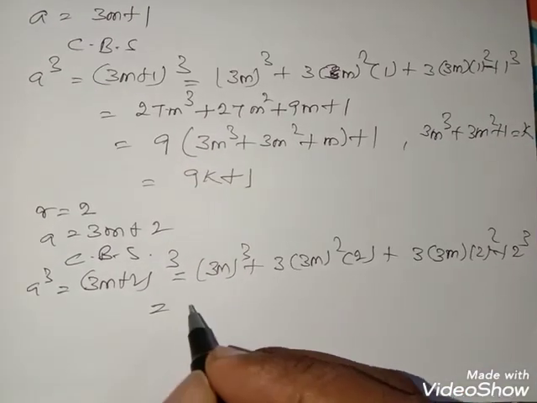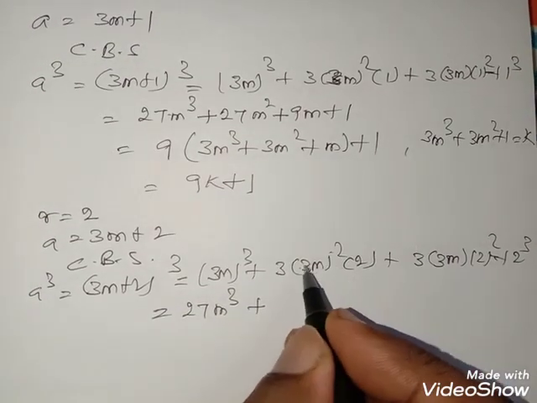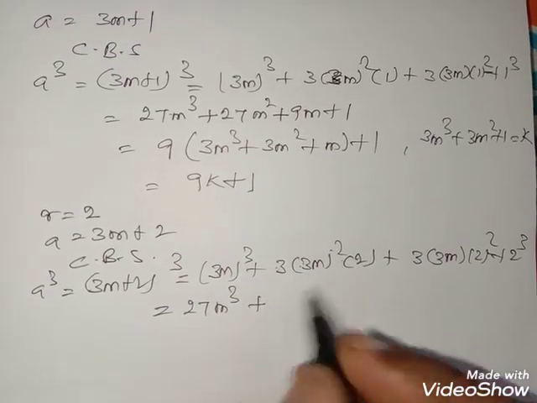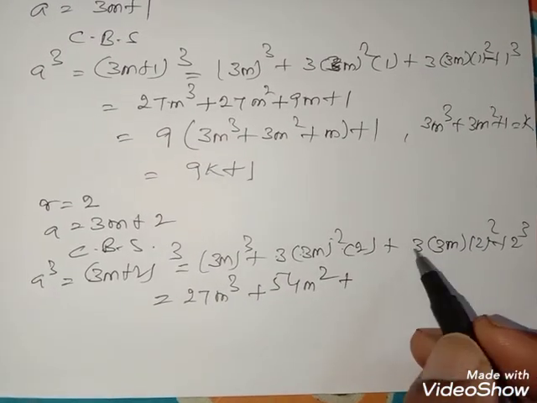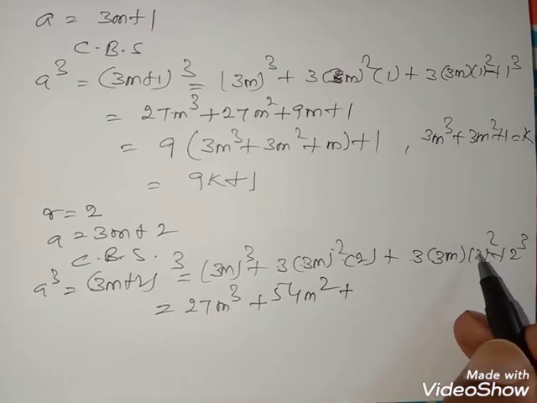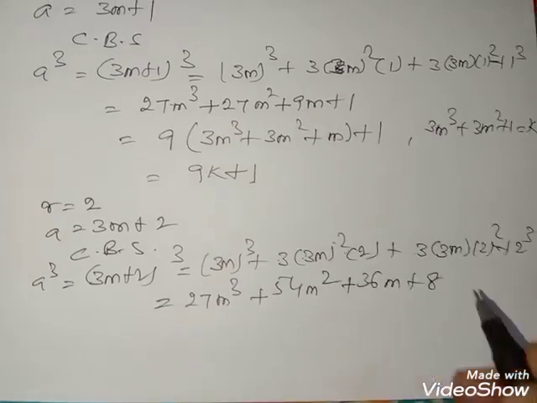Now here 3m cube is nothing but again 27m cube plus 3 square is 9, 9 3 is a 27, 27 2 is a 54m square plus 3 3 is a 9, here 2 square is 4, 9 4 is a 36m plus 2 cube is 8.